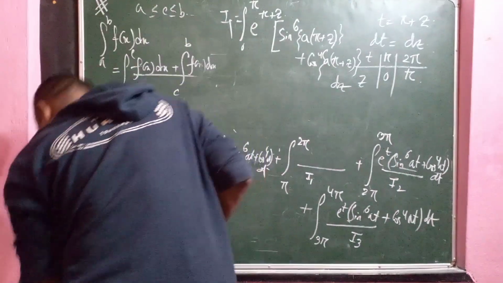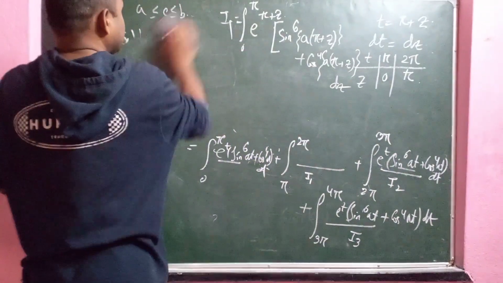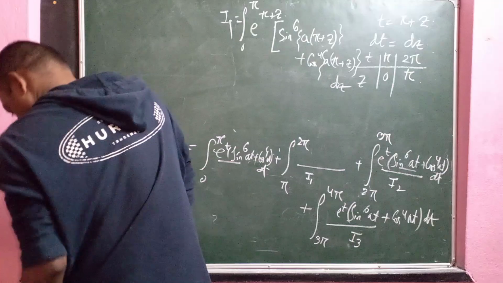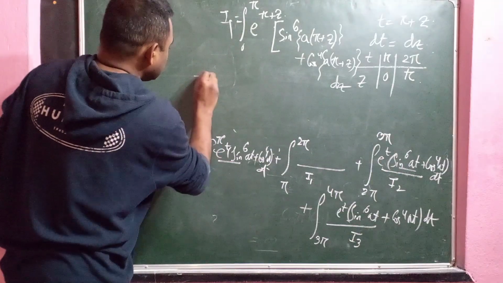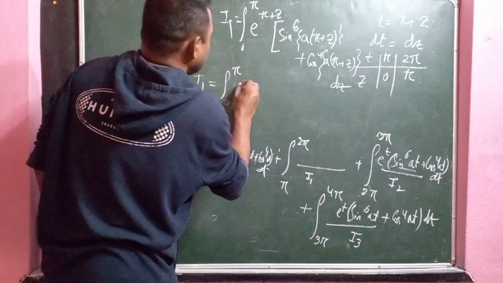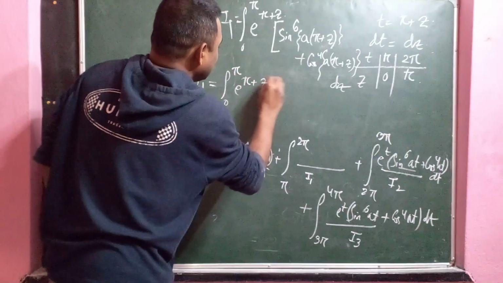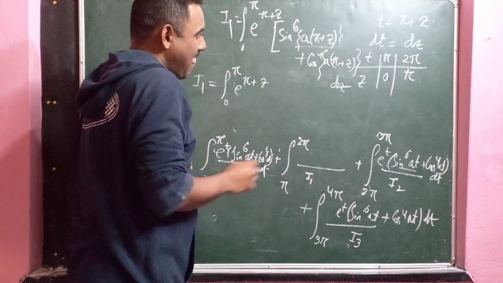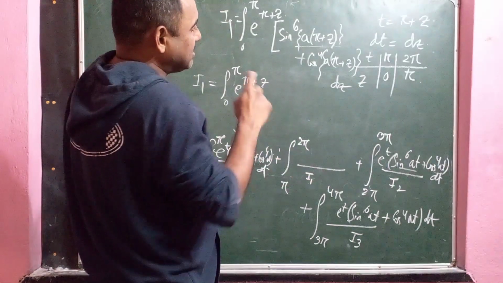Now see, understand this property. So I1 equals integration 0 to pi e to the power pi plus z, and see, it is e to the power pi plus z.